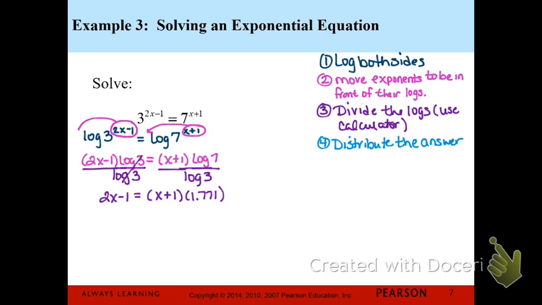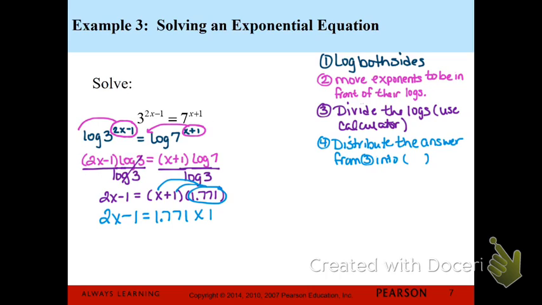So we're going to distribute the answer we just got from step 3 into the parentheses. We're going to take this 1.771 and multiply it times both of those. So we get 2x minus 1 equals, what's x times 1.771? And what's 1 times 1.771?